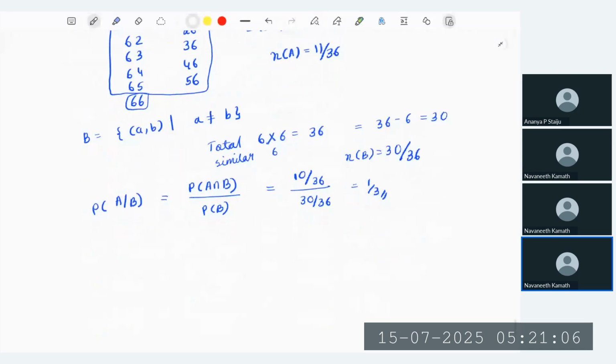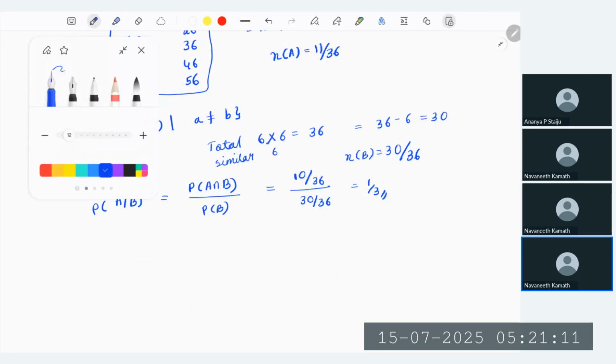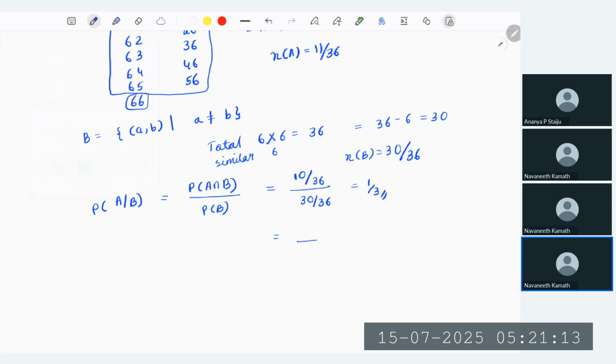In other words, they're saying outcomes are different, that is 30 outcomes, which are different outcomes, that is 36 minus 6. Now the possible ones having a 6 are 1/6, 2/6, 3/6, 4/6, 5/6, 6/1, 6/2, 6/3, 6/4, 6/5.